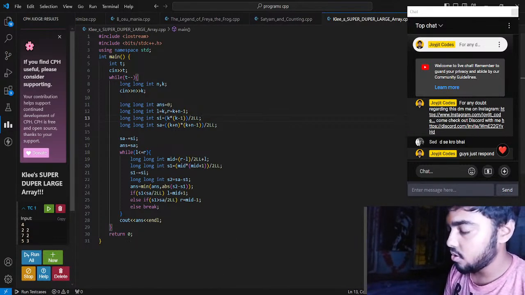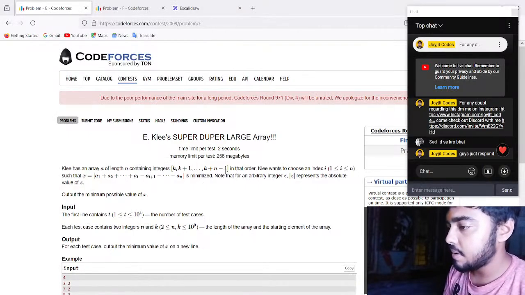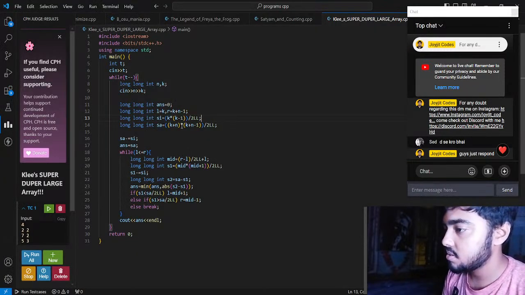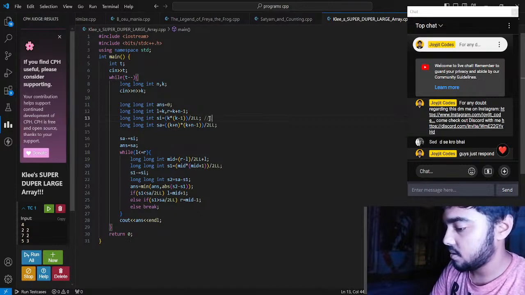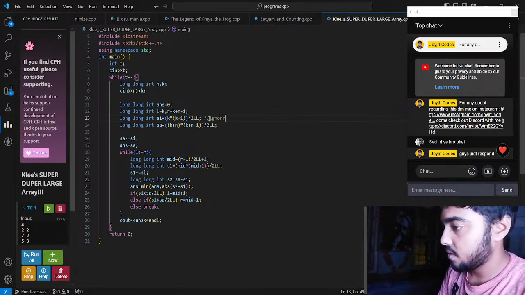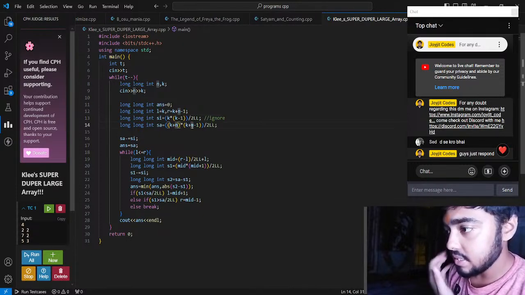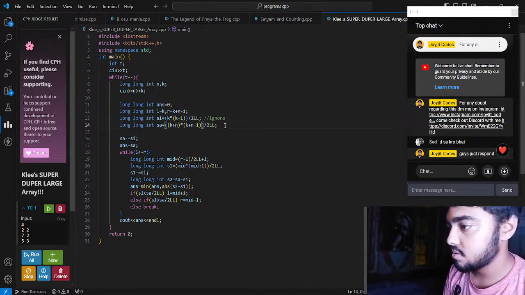If you look at this, it is basically the sum of the first k plus n minus 1 terms, but we are going to ignore the first k minus 1 terms, right? So SI means sum ignored. So let me write it. Ignore. And this part is basically the sum of k plus n minus 1 terms.